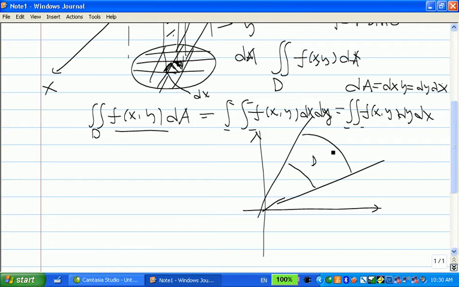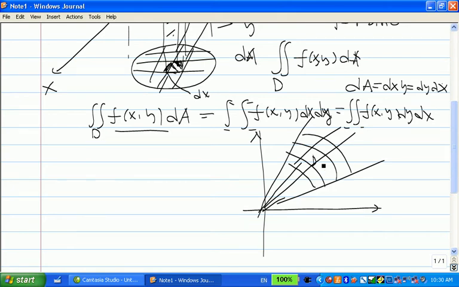If this is our region D, now we want to use polar coordinates. So what we did is, just like before, we divide this region into many small areas, and then we can replace the volume under the surface by a rectangular box volume.